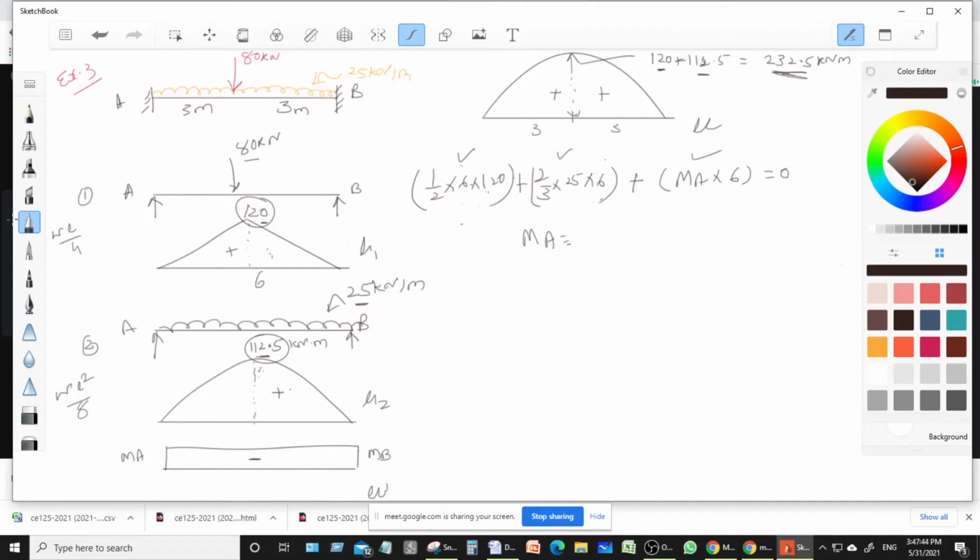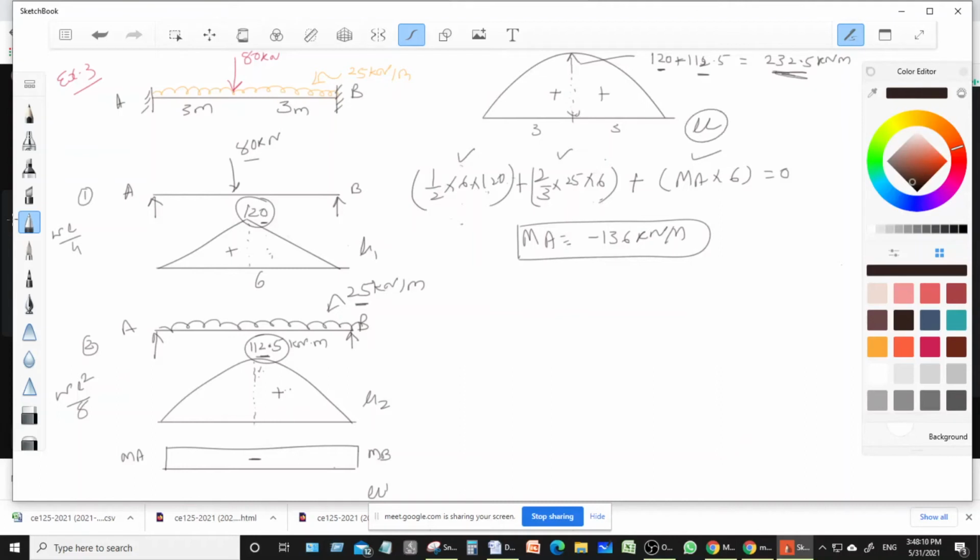The area of mu diagram 1 plus the area of mu diagram 2 plus the area of mu dash diagram is always equal to 0. By solving this, you will find MA equal to minus 136 kilonewton meter, right?